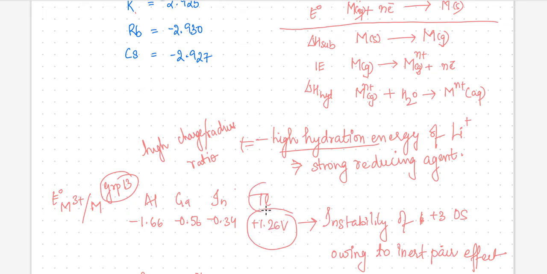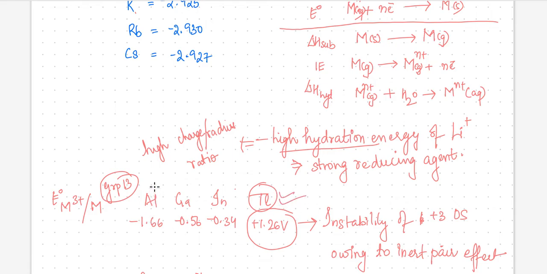In the case of thallium, it shows a positive E naught value. So that means the reduction is highly possible, and the +3 oxidation state is highly unstable when it comes to thallium.